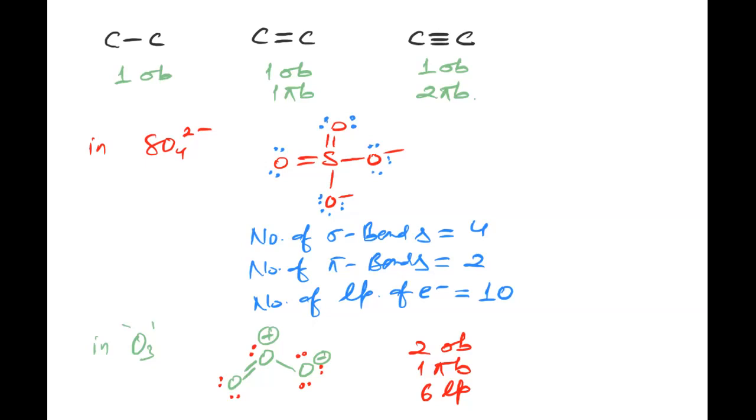Okay, I hope you understand the concept of how we count the number of sigma bonds, pi bonds, and lone pairs of electrons. The next thing related to chemical bonding is VSEPR theory.